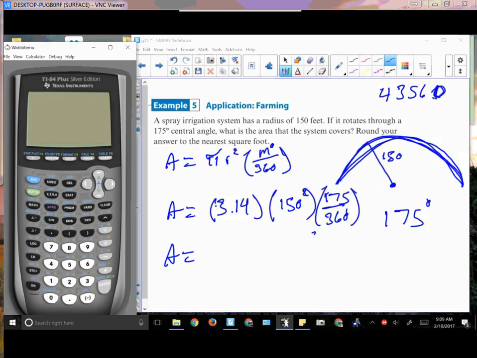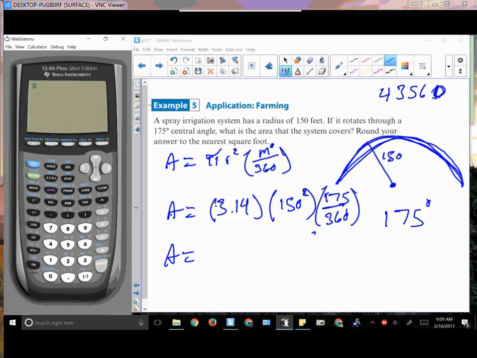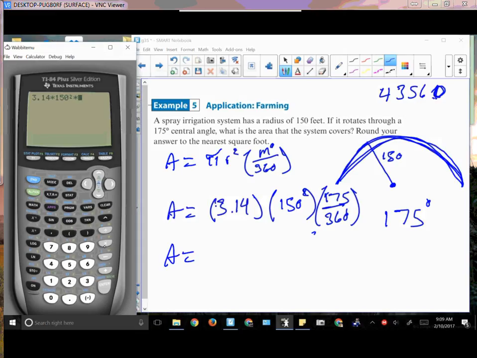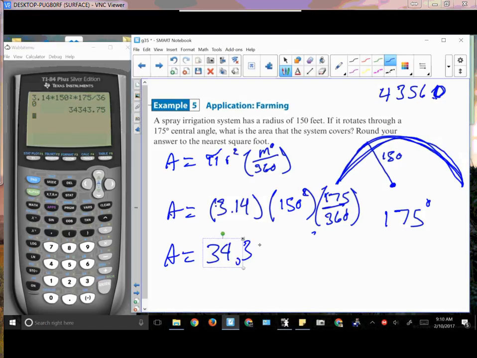Let's do it all over again. 3.14 multiplied by 150 squared, multiplied by 175 divided by 360, and I end up with 34,343.75.